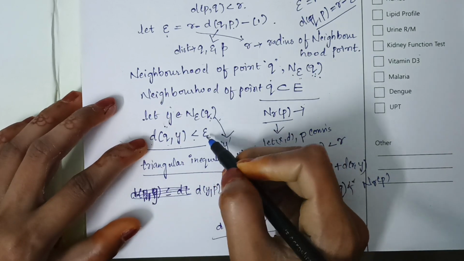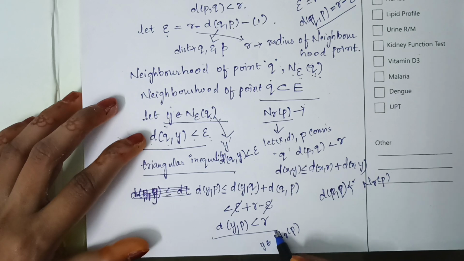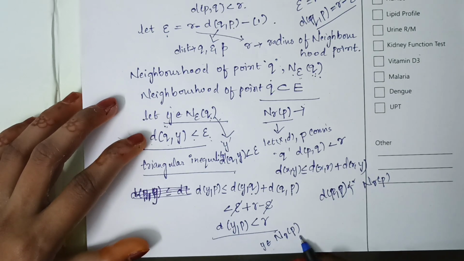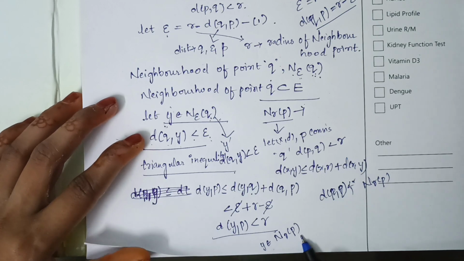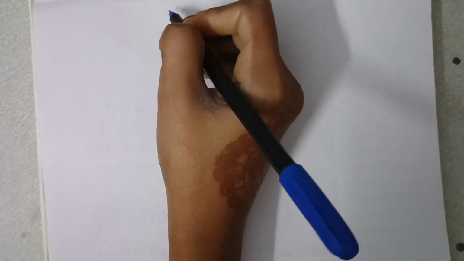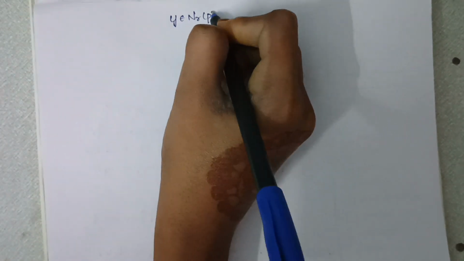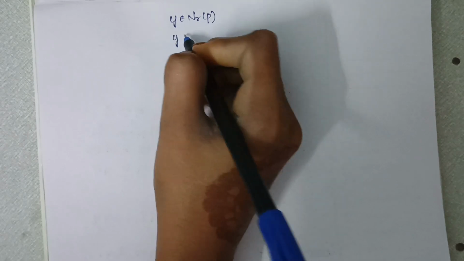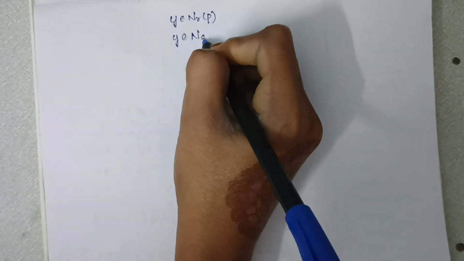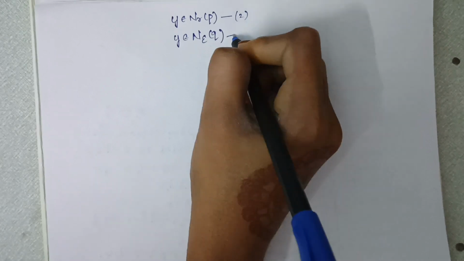So if you compare this equation and this equation, I can write like this: y belongs to NR of P. So I hope it's clear. From above, we got y belongs to NR of P, and we also know y belongs to N epsilon of Q. We have both of these, right?